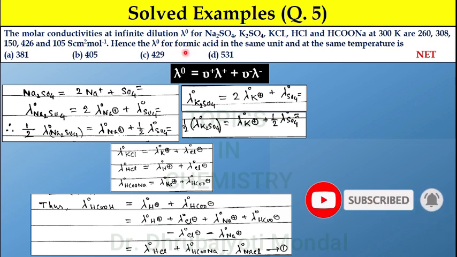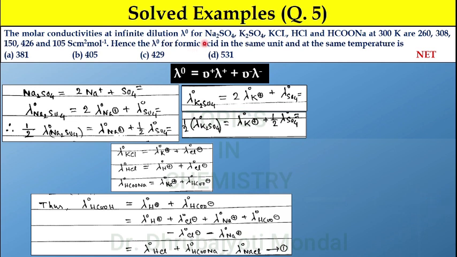Weak electrolyte means you can calculate the lambda 0 of formic acid by this Kohlrausch law. Thus, lambda 0 of HCOOH is equal to lambda 0 of H plus plus lambda 0 of HCOO minus. Here the number of cations is 1 and the number of anions is also 1.